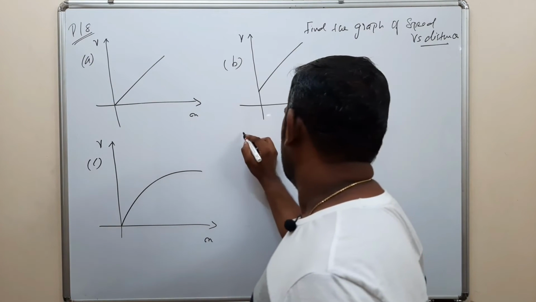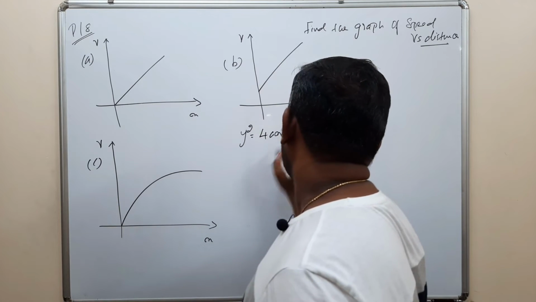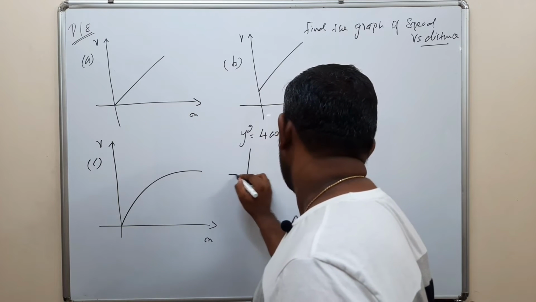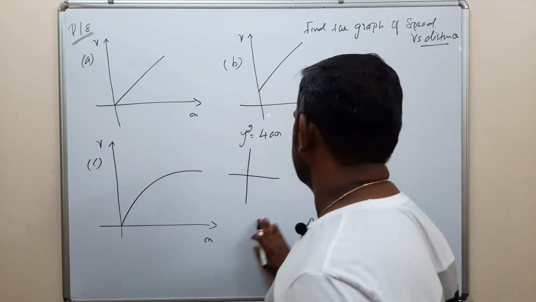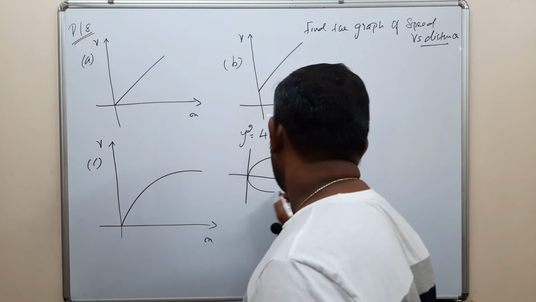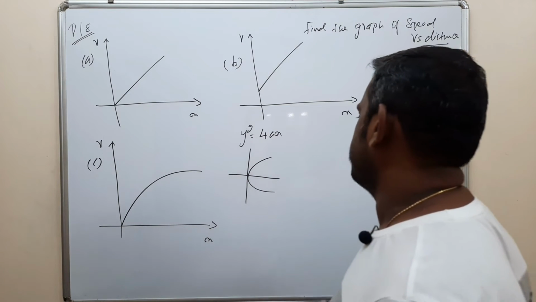This is the parabola y square is equal to 4ax.